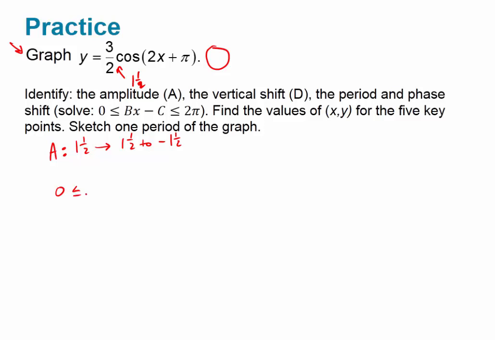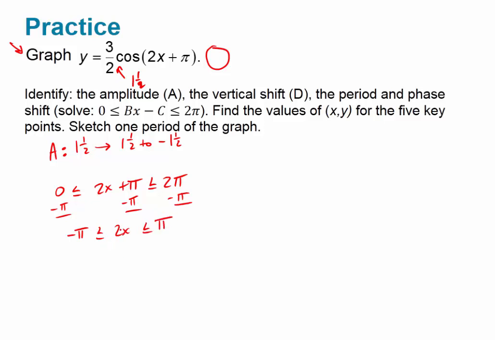So I write a double inequality. Just like the sine, the cosine's normal period is between 0 and 2 pi. So we put those values there. Now we're going to go ahead and solve this. So subtract pi. And then let's see, negative pi and pi here.